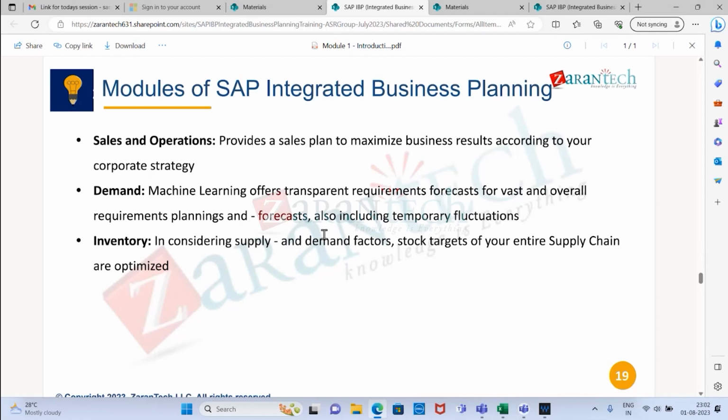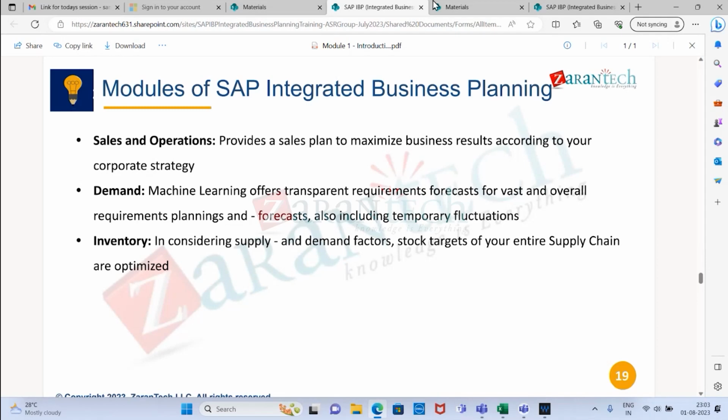So all the organizations have a very, very strict target of growth, and they are always looking at organic as well as inorganic growth, and IBP helps them to improve the results, improve the visibility, and improve the internal planning systems to grow the business.